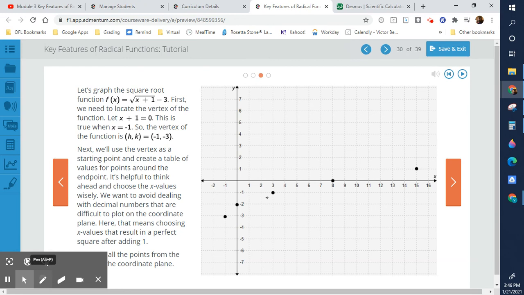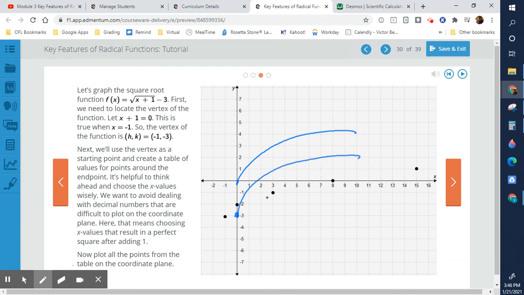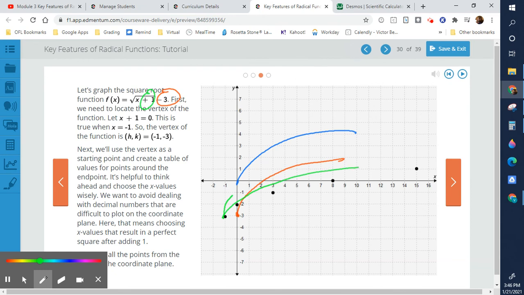Normally a graph would look like this, but we went down 3, so we're down here. That's that -3 here. And then after that, we're going to add this 1. That's what made us go this way.